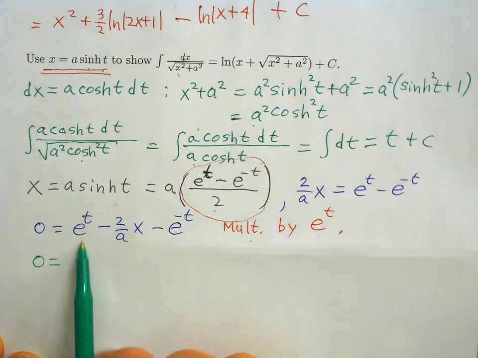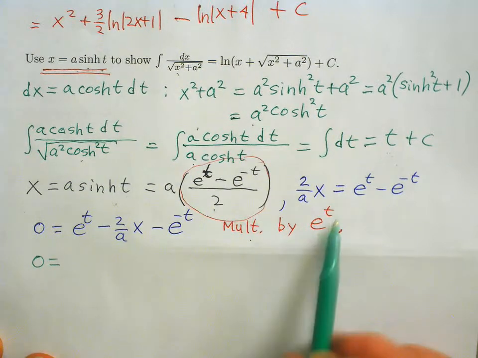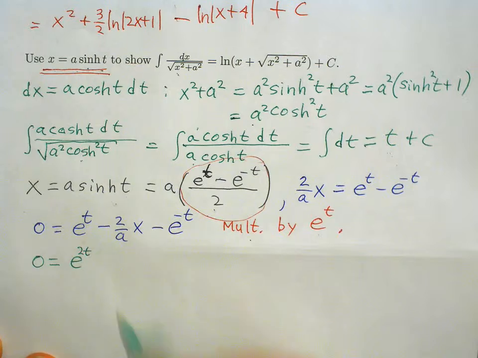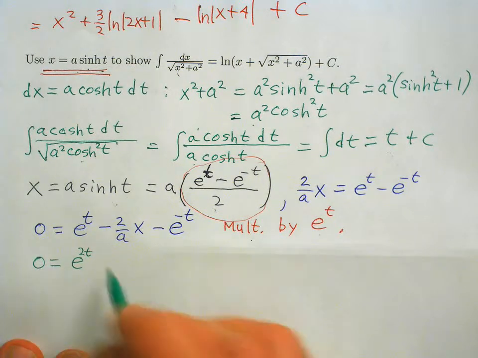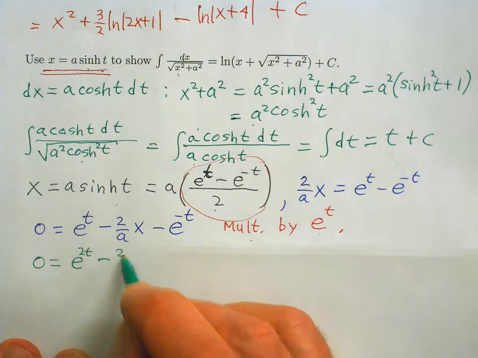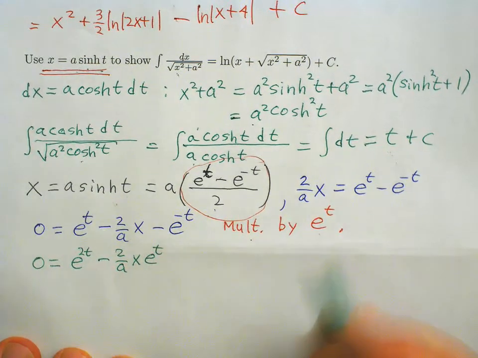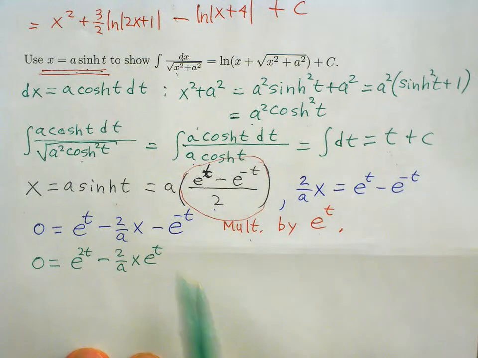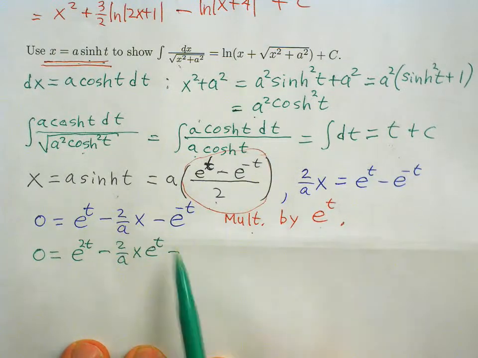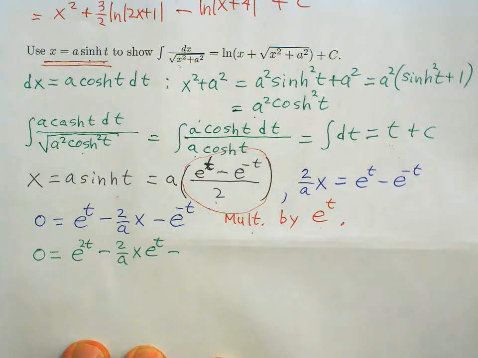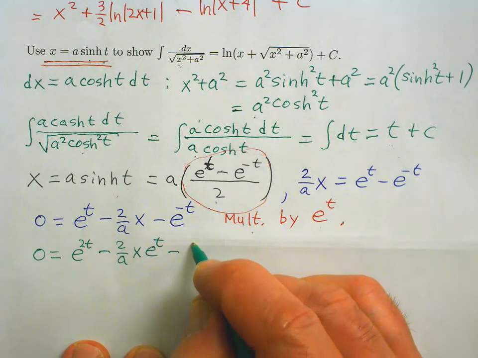When I multiply e to the t times e to the t, I can write that as e to the 2t. And then the middle term, I multiply that by e to the t, I get minus 2 over a x times e to the t. And then minus e to the negative t times e to the t is e to the 0, but e to the 0 is 1.